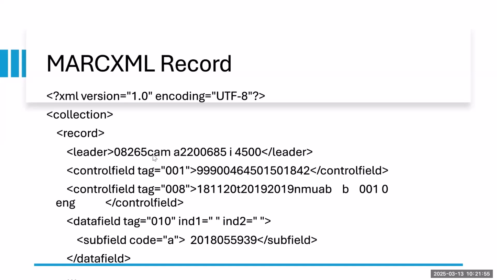Starting from the leader line and going down, the control fields and the data fields are all the same type of information, they're just expressed slightly differently, right? In XML format instead of in that text file format. But they have some other things that will come above them, like the namespace declaration and the XML versioning, and then some parent groupings, right? So that they belong to a collection and they belong to a record and things like that.